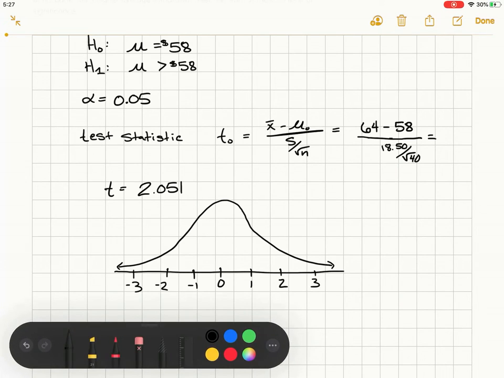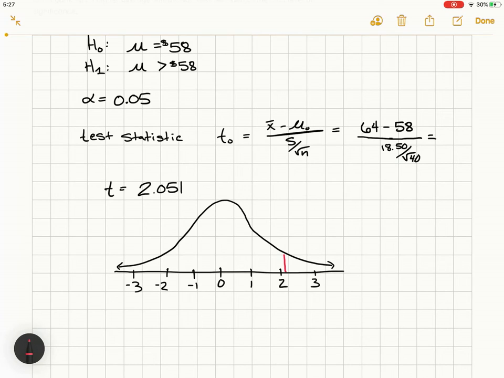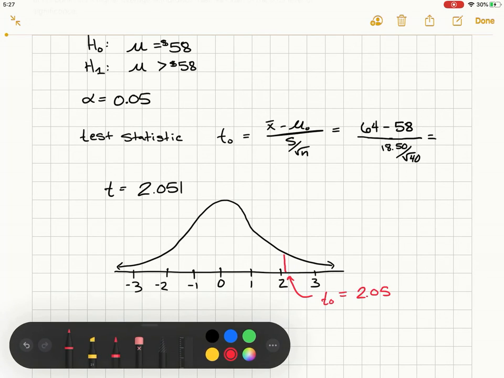But this curve might be a little bit flatter. My test stat is 2.051, and I want the area beyond that test stat. So my goal here is to find that area.